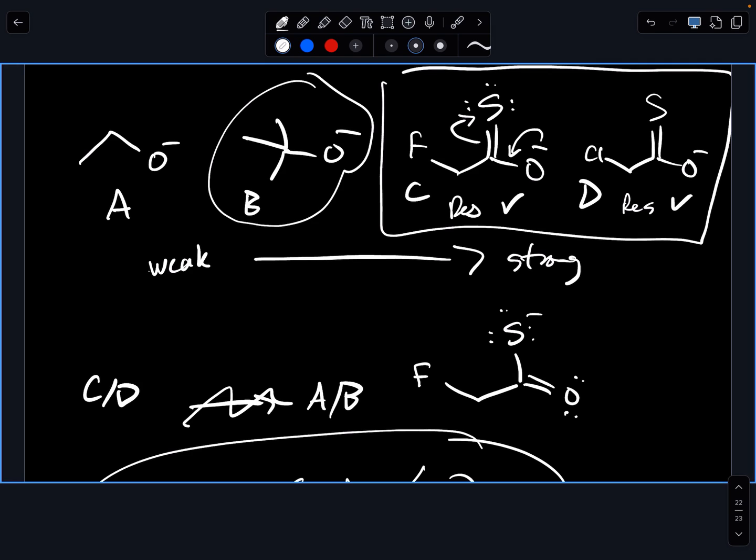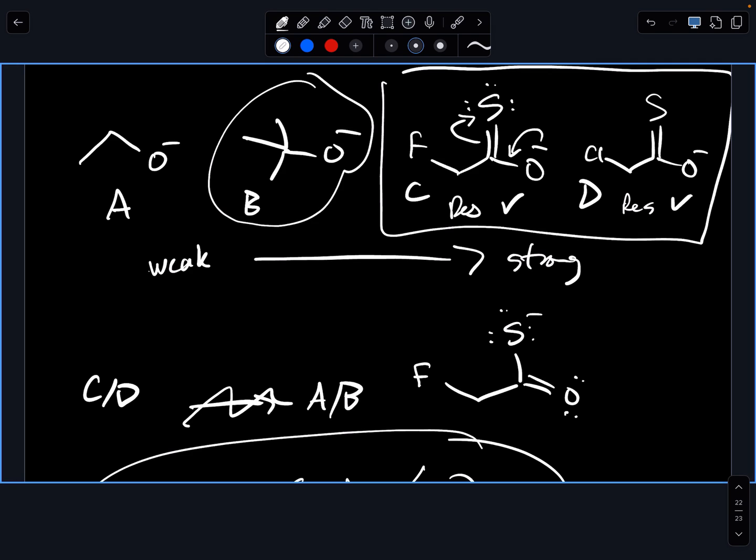Cool. Anybody else? Unit 1, I'd say the big idea from Unit 1 is resonance structures and curly arrows. The big idea from Unit 2, infrared spectroscopy and identifying functional groups.